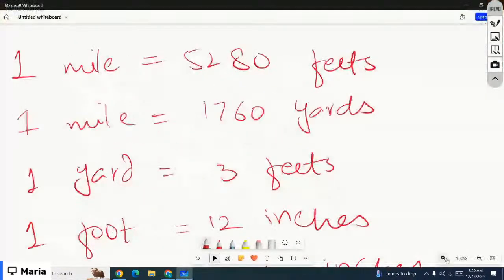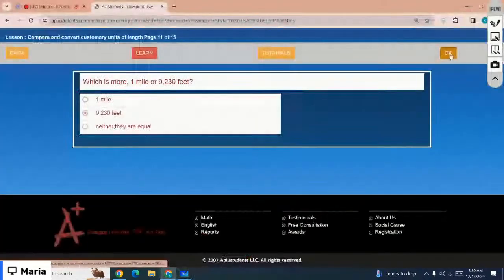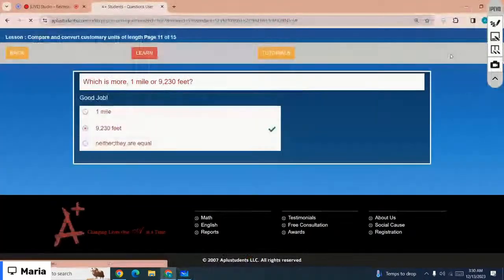So the correct option is 9,230 feet is more than 1 mile, right?